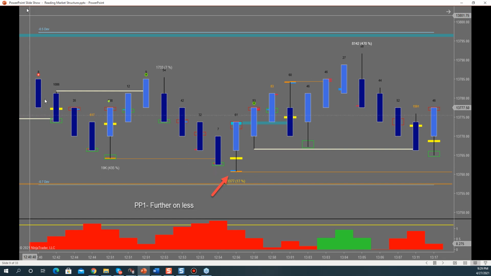So when I see this market come down and leave this ODD number of 19,000, then it pulls up a couple bars, and then as it's pushing down, down close, down close, down close, down close, I see the ODD live. Do I know right here, already live, that I'm in a state of range-bound divergence, that I'm in a potential area of a power play 1?